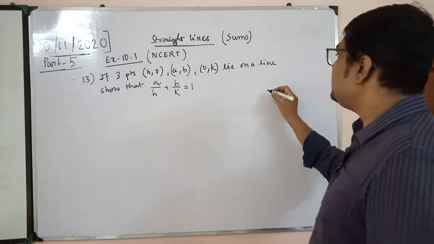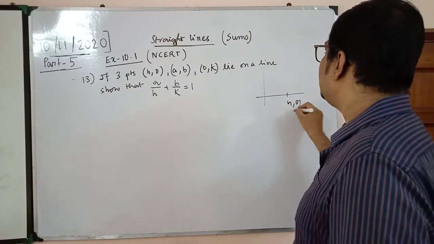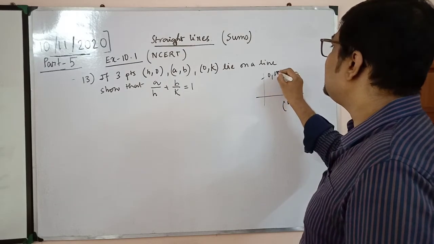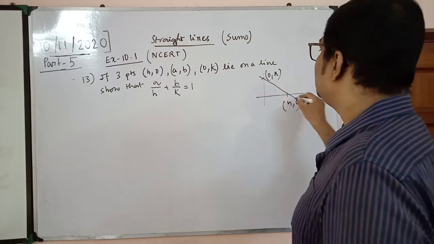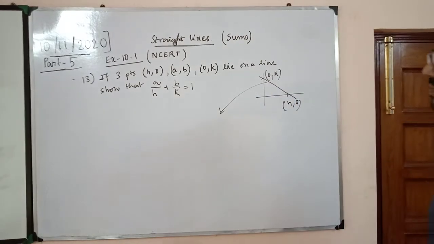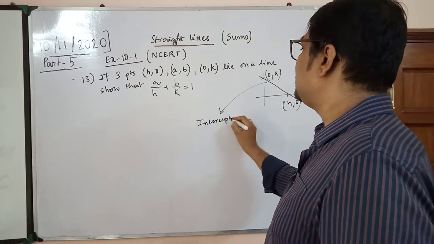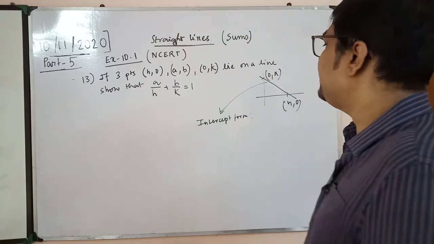So what I try to do, I am seeing that this is (h, 0) over here and (0, k) over here. So using these 2 points, I will quickly write the intercept form. I do this because this can be done very quickly.